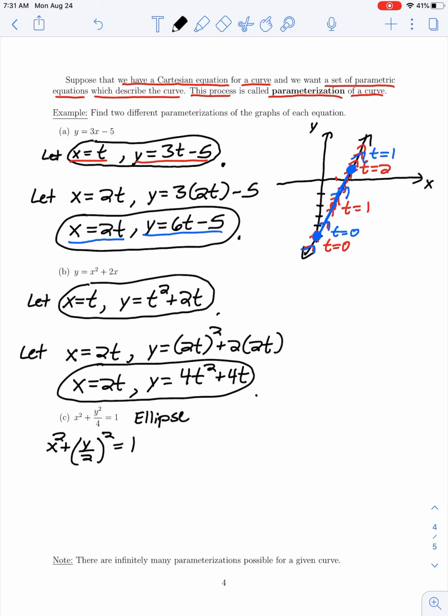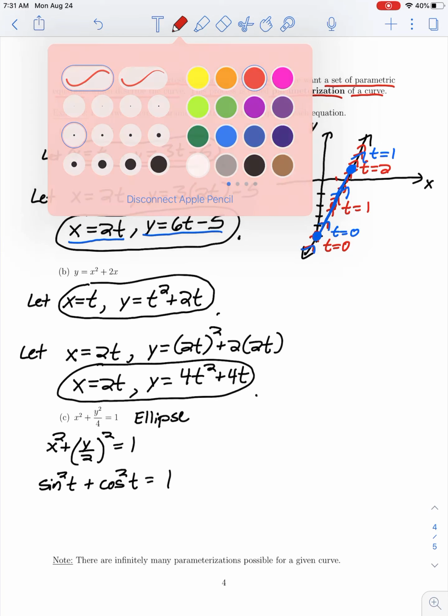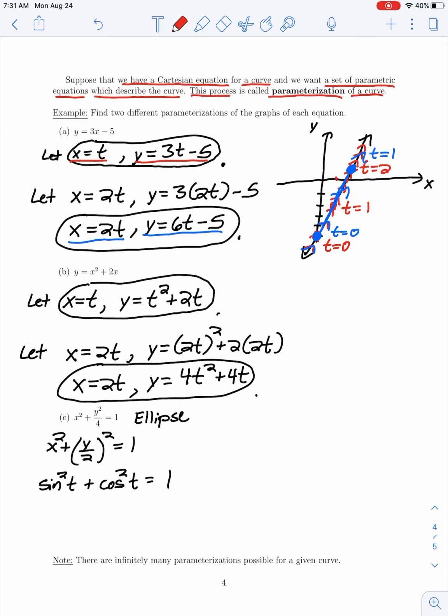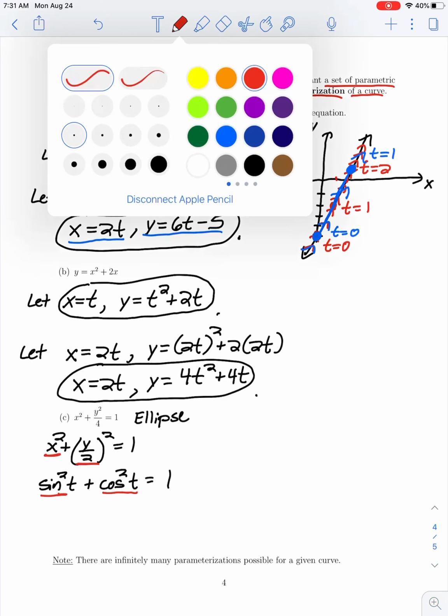So if we want to parameterize this, let's think about rewriting this as the sum of two terms squared equal to 1, maybe sine and cosine of t. So one choice for a parameterization for this ellipse would be to take x as sine of t, and then y over 2 as cosine of t.